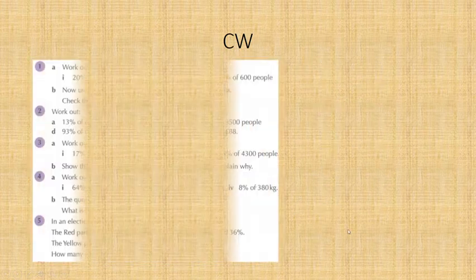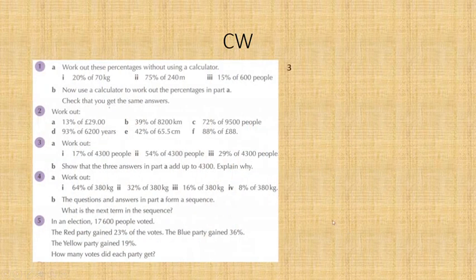Okay, let's go to question number 3. Question number 3 here is saying number I, 17% of 4,300 people. So let's get it as we got the answer in previous questions. So 17% means 17 over 100, and then multiplied by 4,300, it's going to be 731 people.